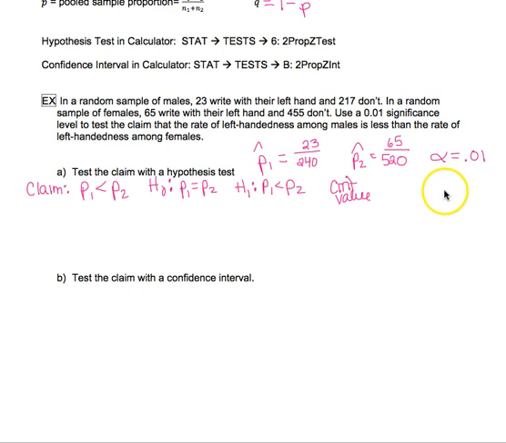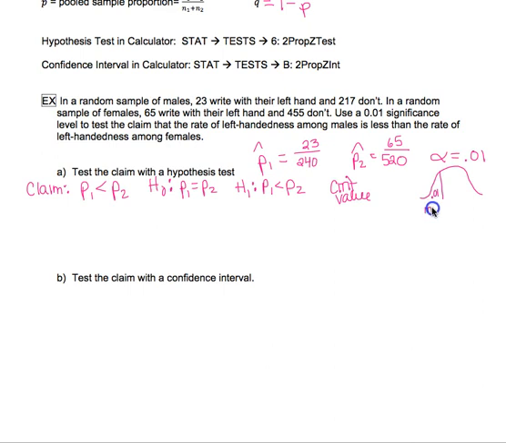This is a left-tailed test, so if I'm drawing the picture, that means that our area of 0.01 is on the left side. So I am using Z, these are proportions, Z test, Z interval, so that means I'm going to do inverse norm here.